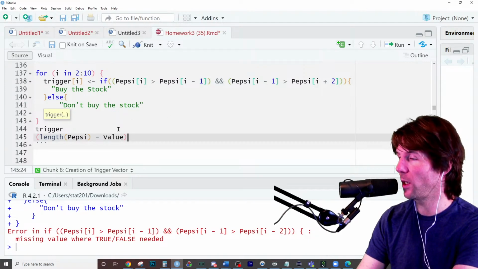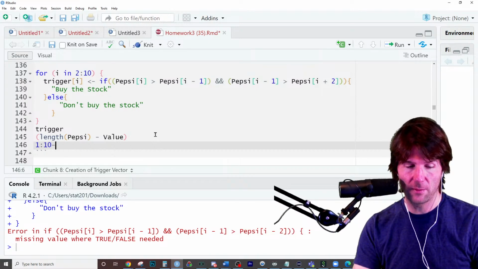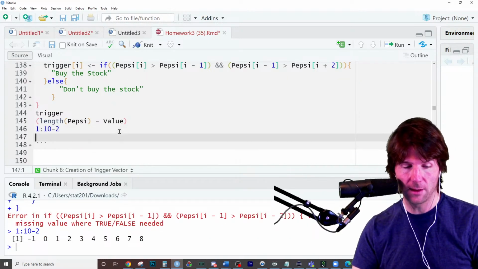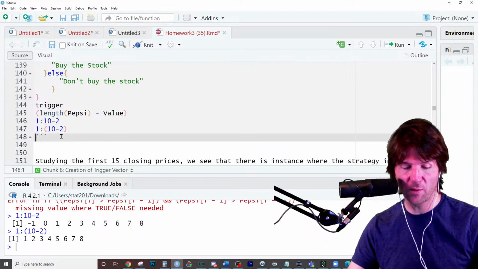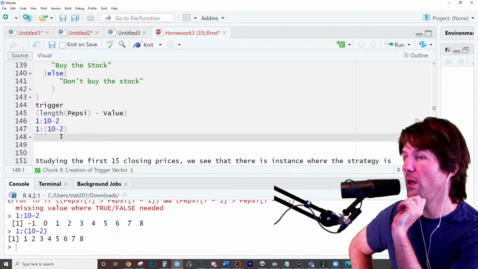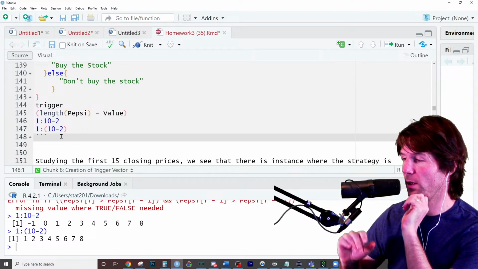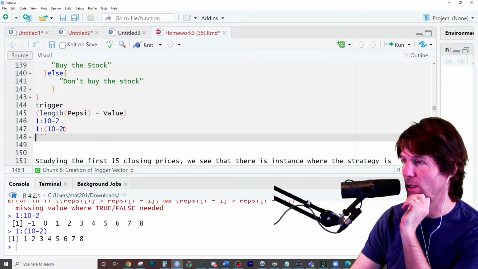I'd have this evaluate. Watch out, because there's a difference between 1 through 10 minus 2, and then there's a difference between evaluating this and doing it. So be careful. A lot of times people make this error. I've seen it where they do like 1 through 10 minus 2. You want to make sure you do like 1 through and then minus that value right here. You want to evaluate this and subtract it off the end.